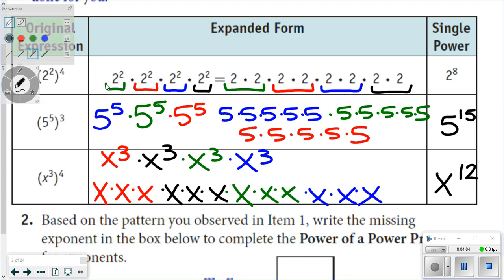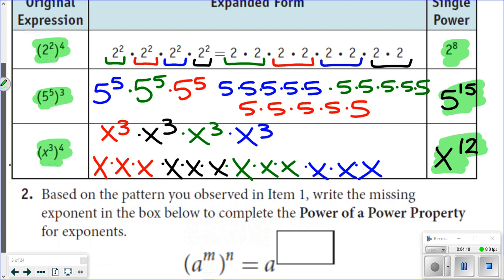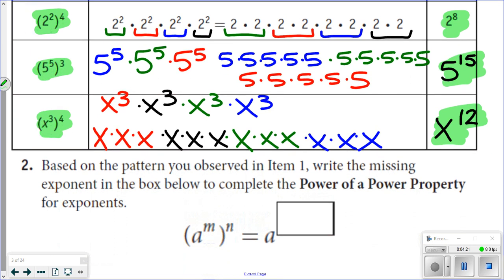So if we look at our original expression, this first column, and we look at our last column, the single power, what is happening? What's the pattern that we notice here? What are we doing with our exponents?